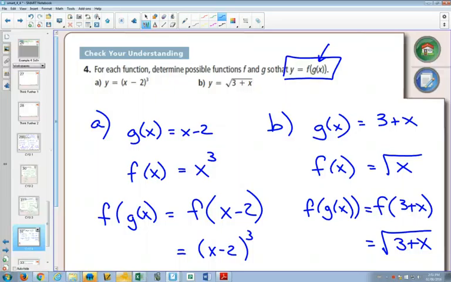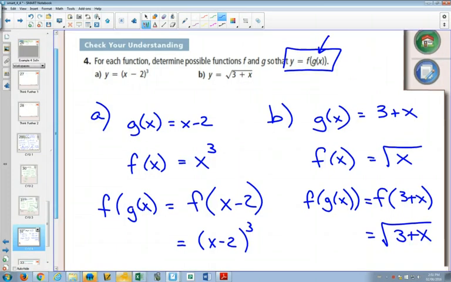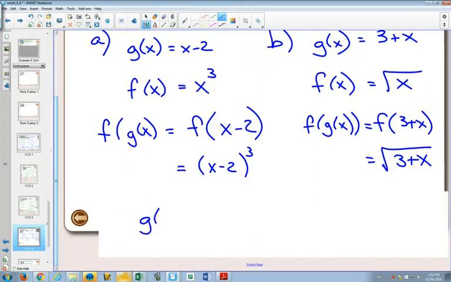But I'm going to ask you right now is, could you be creative if you made the inside function exactly what you wanted, x minus 2 all cubed? What would your outside function have to be to do that? x. Whatever you put in, keep it the same.